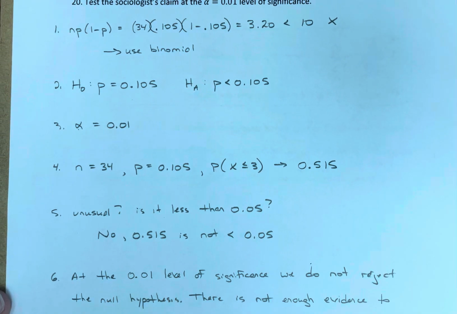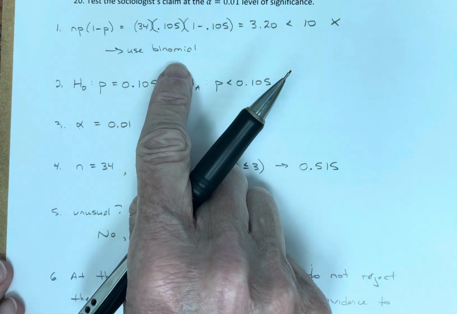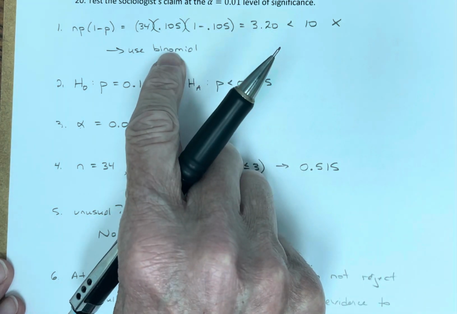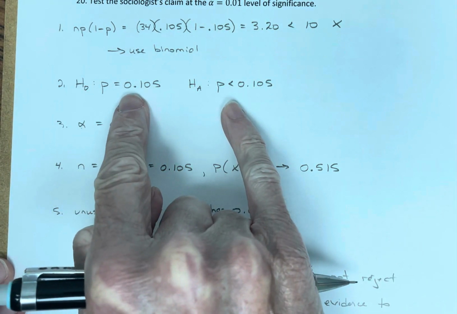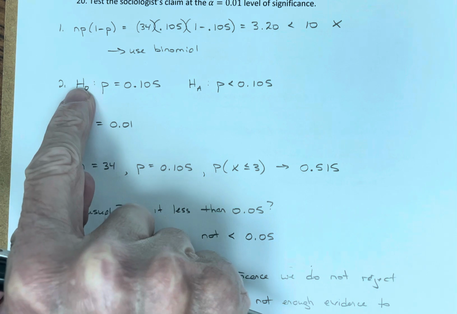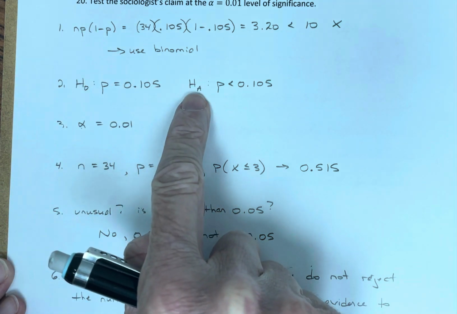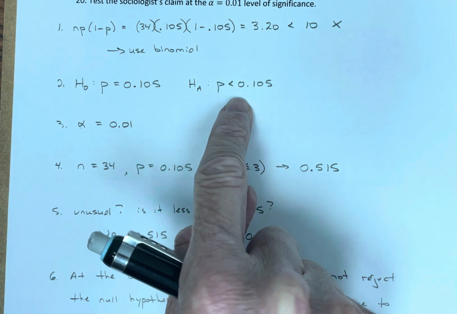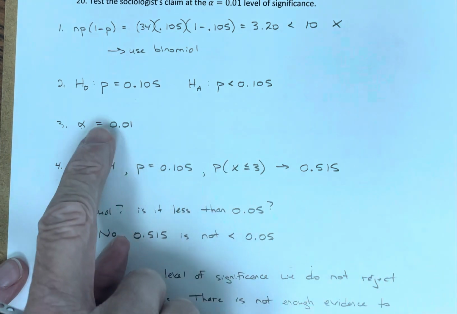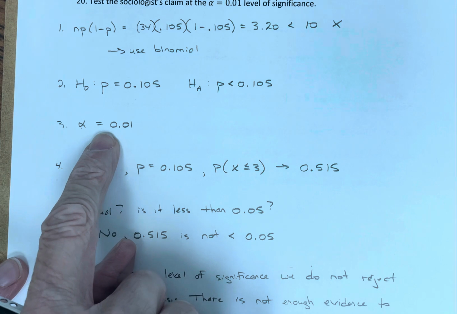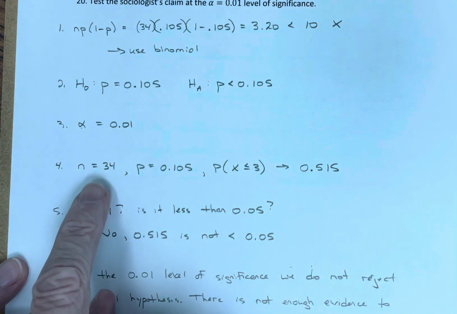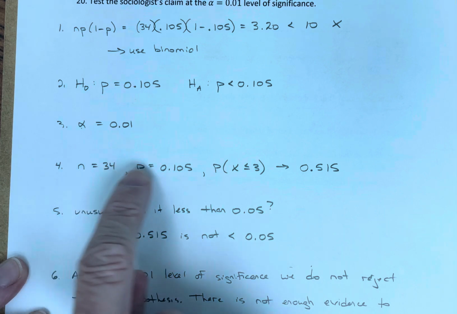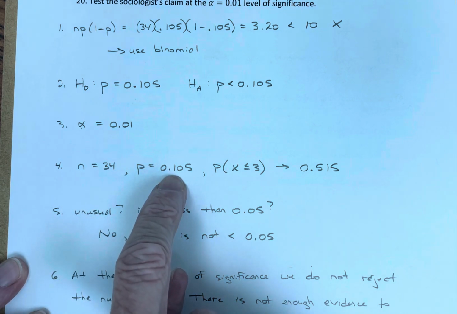Okay, so a recap here. We did a test of our sample size. It came out too small, so we're going to use the binomial. We can still state our hypotheses, our null hypothesis and our alternative hypothesis. As a reminder, the conclusion is always written using the alternative hypothesis. We wrote down our level of significance. In the binomial, we had to note that n is 34, p is 0.105.